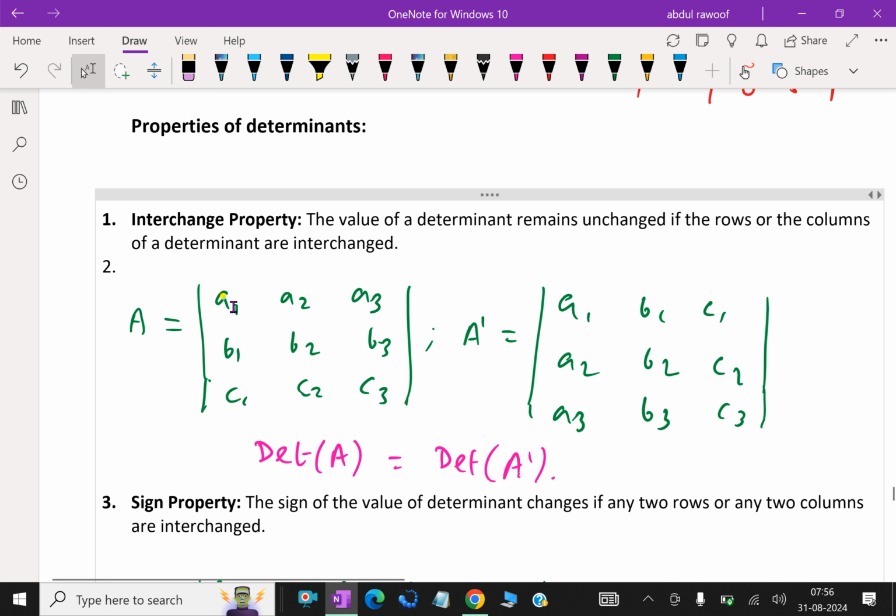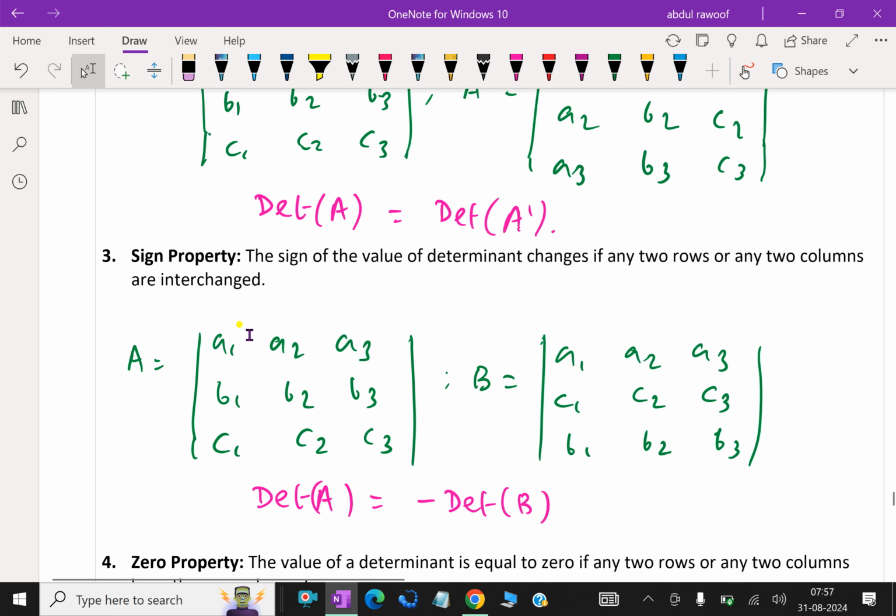That is, I write A1, B1, C1 as the first row, A2, B2, C2 as the second row, A3, B3, C3 as the third row. That means rows and columns are interchanged. After interchanging, the two determinants are equal. For any square matrix, if the rows and columns are interchanged, the value will be the same.